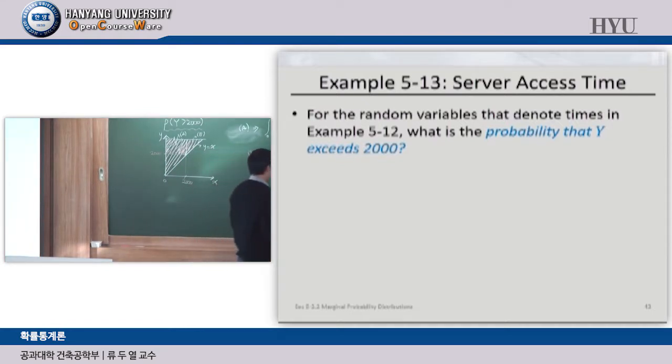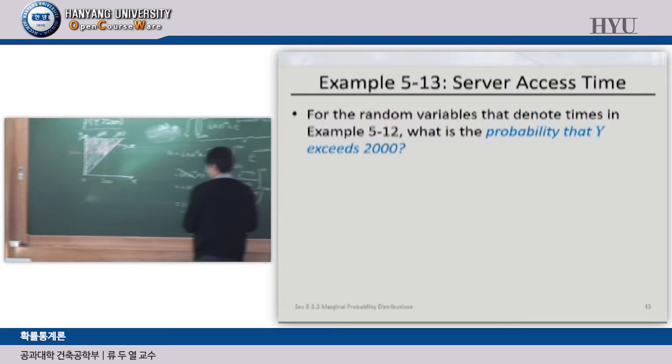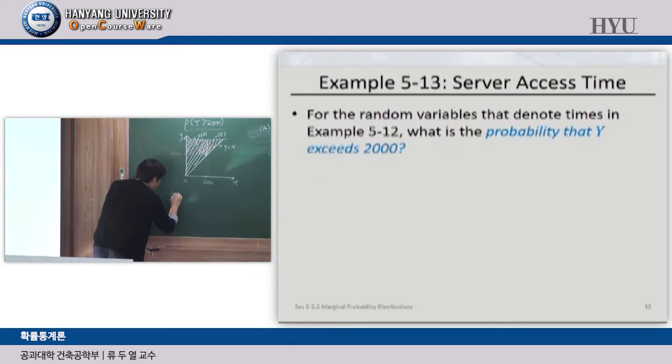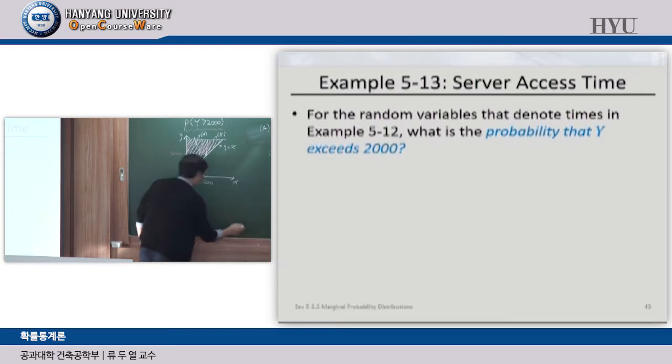So the a is equal to the integration from 0 to 2000 of 0.003 times exponential minus 4 times exponential minus 0.001x dx, right?